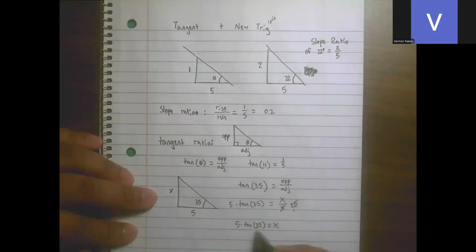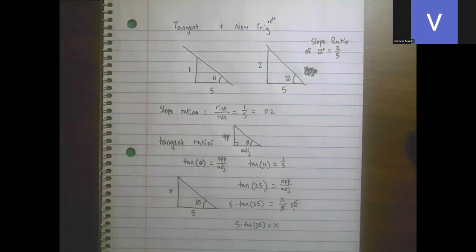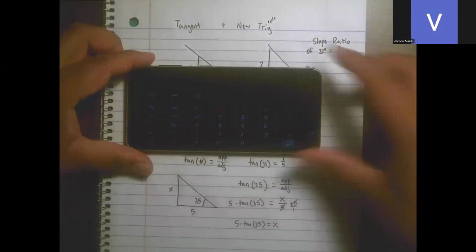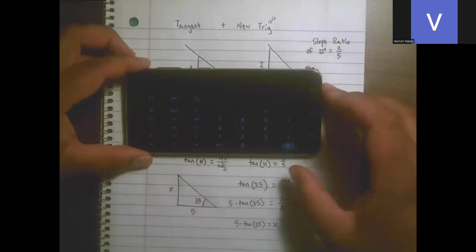I'm not going to calculate this, I'm just going to leave it as is. But if you wanted to calculate it, I'll use my phone calculator. It's going to be different than the calculators we have at school or in any classroom. Oh, you can barely see it.